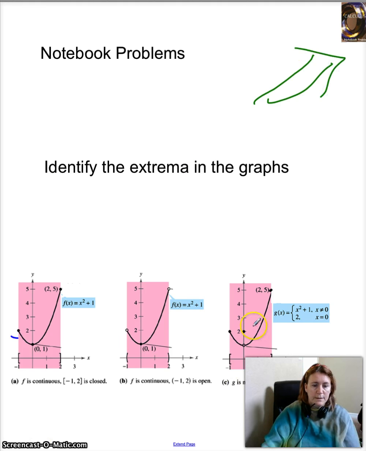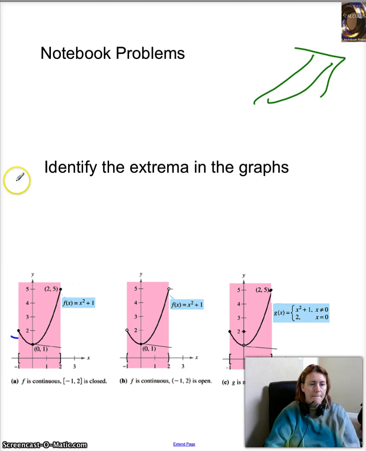Look at these and tell me if you can find the relative max and relative mins of these three functions. They're very close to the same thing, but they're not the same thing.